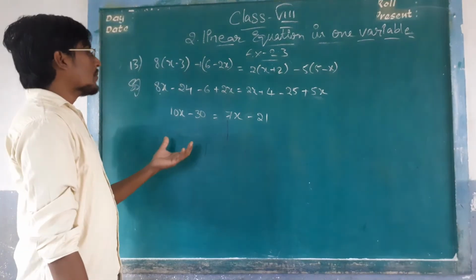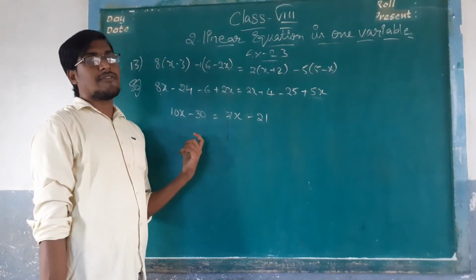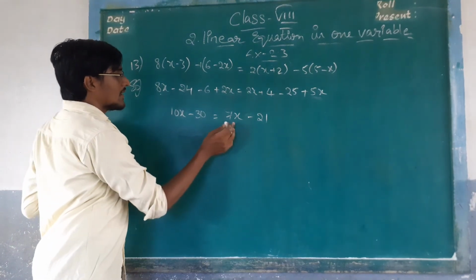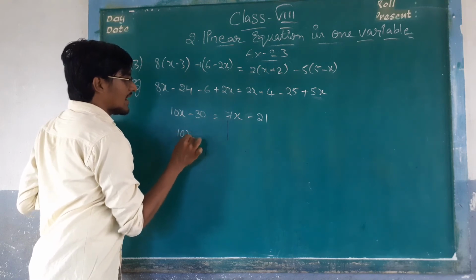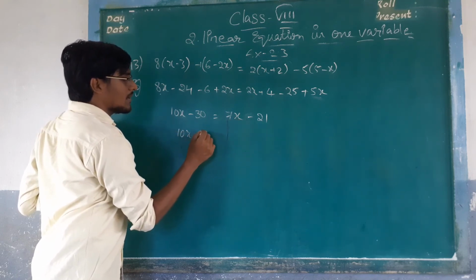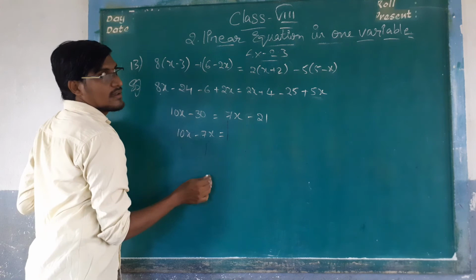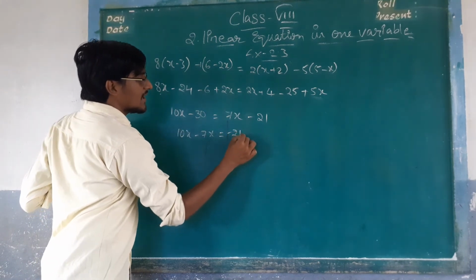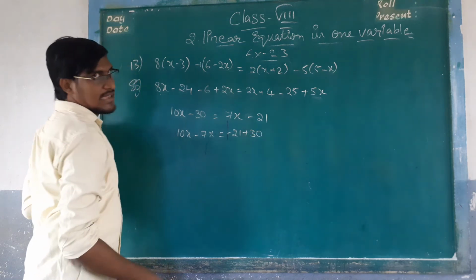Okay. So move the variables to the left hand side and the constant terms to the right hand side. What will happen? 10x, this plus 7x moves and becomes minus 7x. This minus 30 moves to the right hand side, it will become plus 30. Okay.